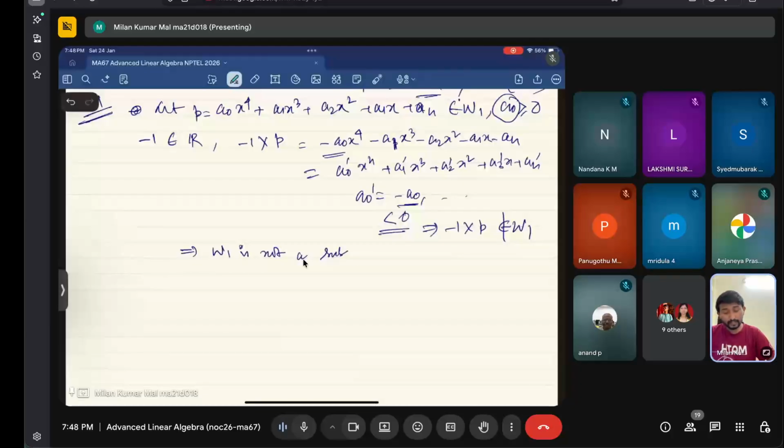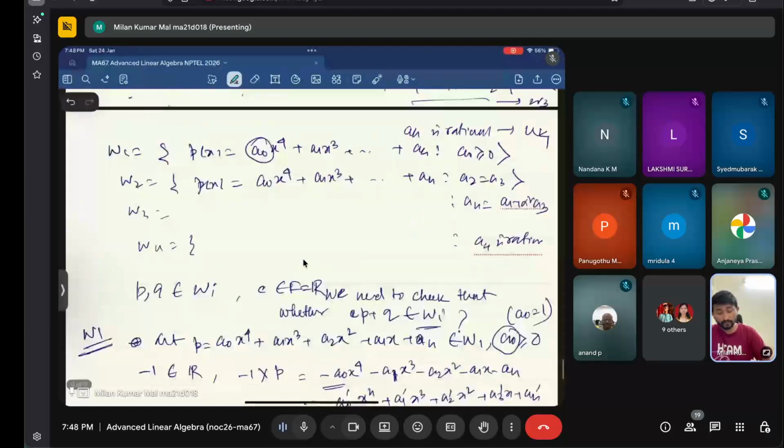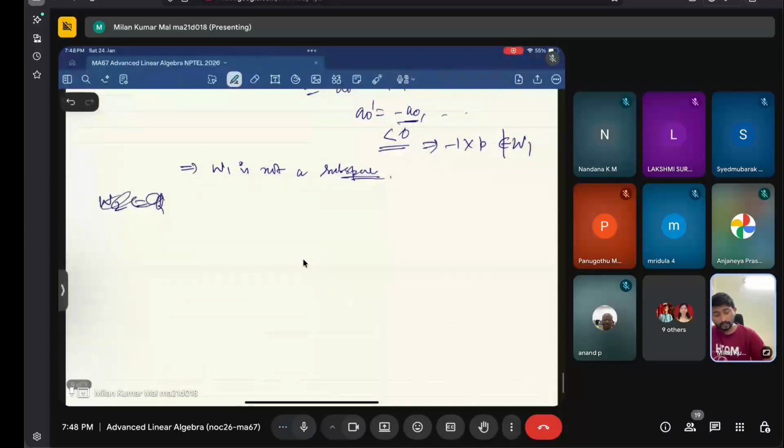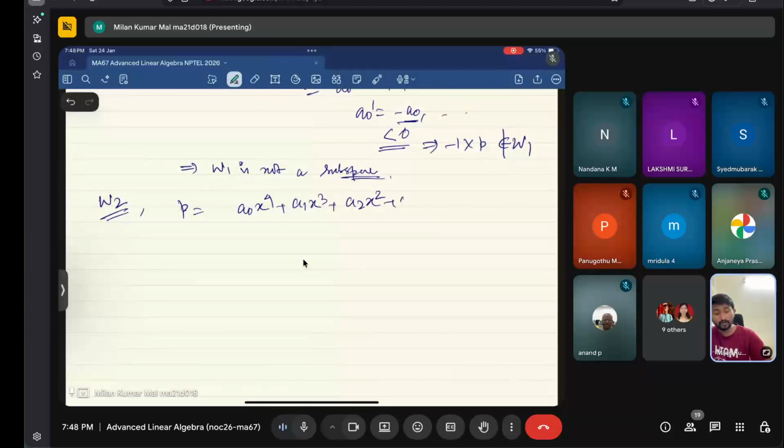Similarly, we have to check the others. But this one will be a subspace. Why am I saying that W2, as I have said, I will not write again. Let's take P equal to A naught x to the power 4 plus A1 x cube plus A2 x square plus A3 x plus A4.